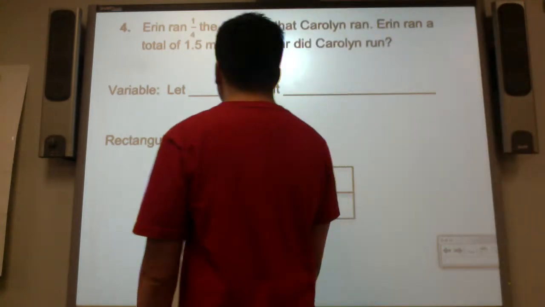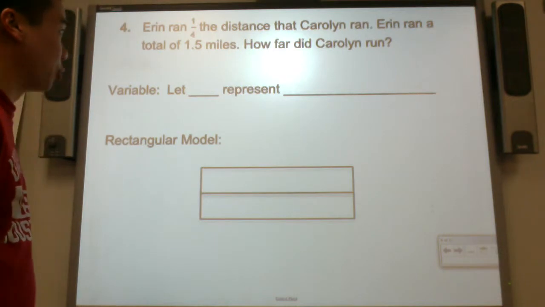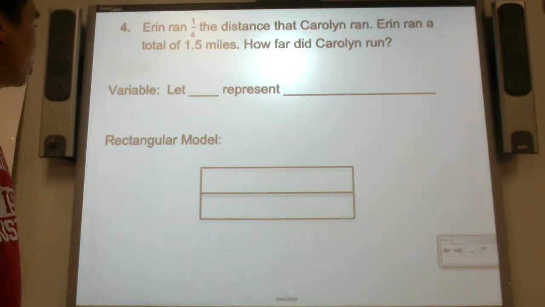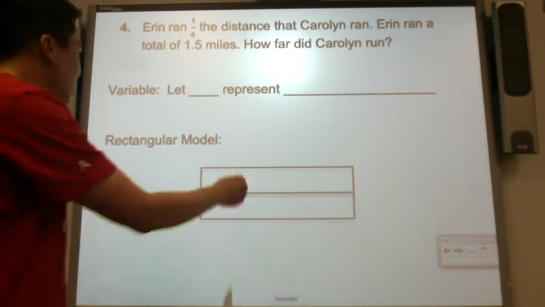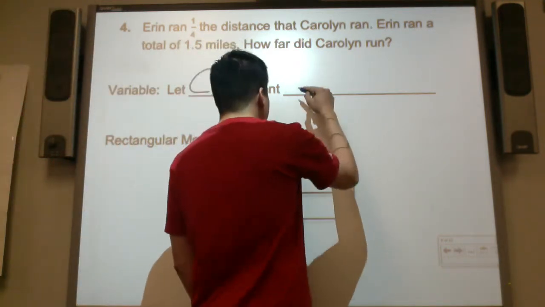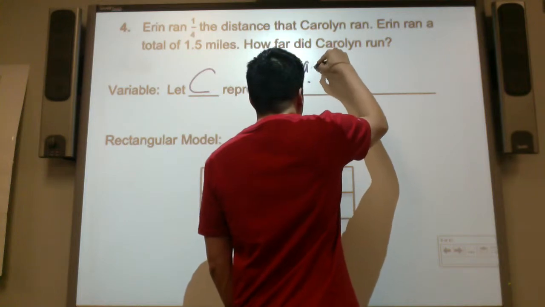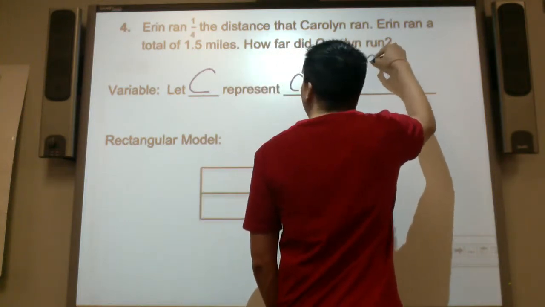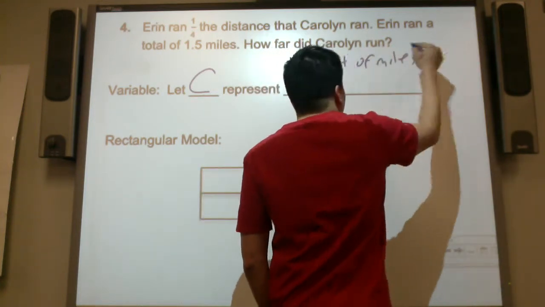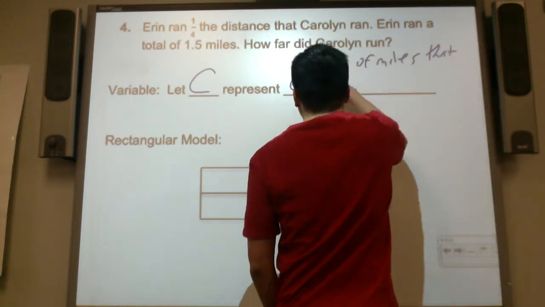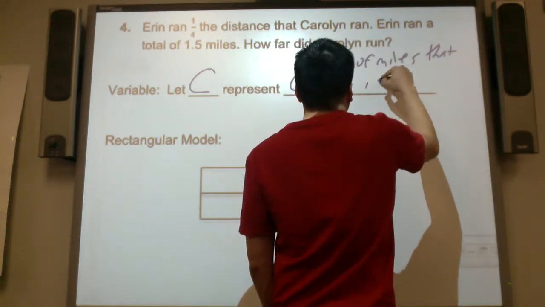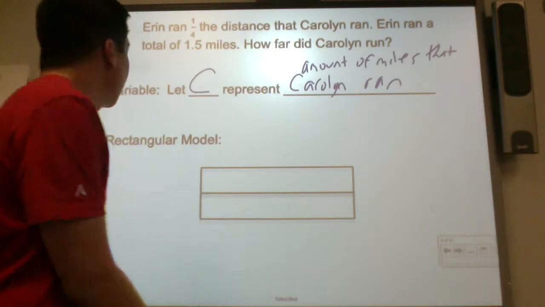Aaron ran 1/4 the distance that Carolyn ran. Aaron ran a total of 1.5 miles. How far did Carolyn run? Let's use C. I don't know. They didn't tell us the amount of miles that Carolyn ran. So I don't know how much Carolyn ran.